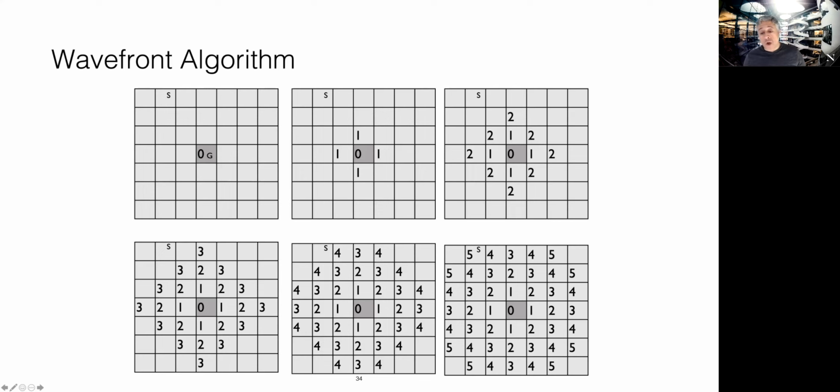So all of a sudden, you know a lot of things. You know that you are 5 steps away from the goal for this specific example. And then by simply following a decreasing number order, you can create a path. So from 5, you go to one of the four cells, and then 3, 2, 1, 0, and then voila, you created a path.